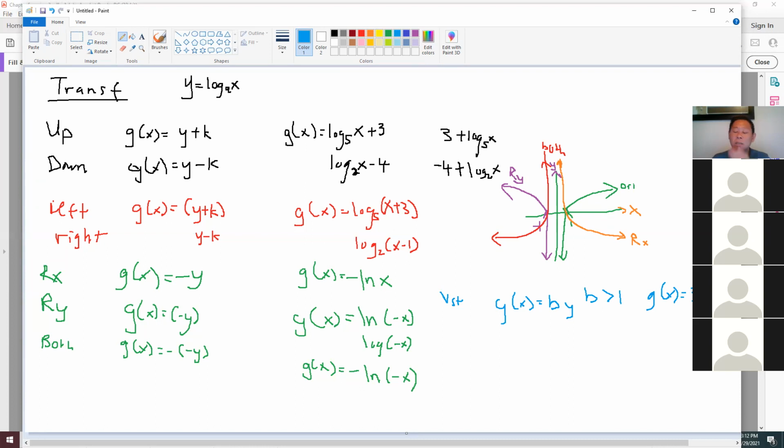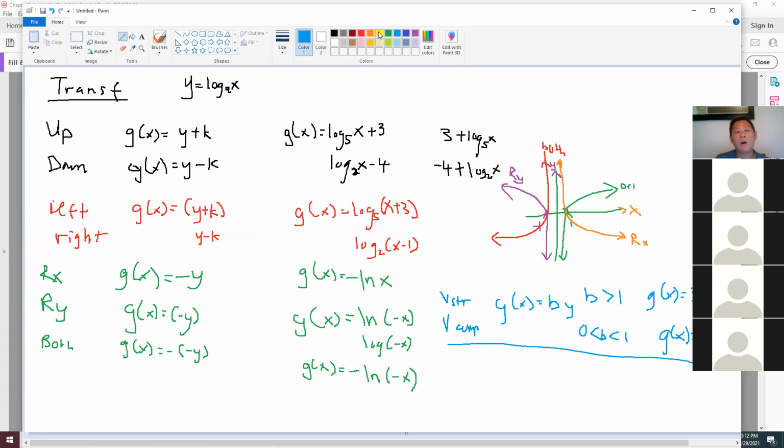So if you multiply this with a 3, it's a vertical stretch. And then we got the vertical compress or vertical shrink. It's going to be where your b is in between 0 and 1. So that means like 1/2 or 1/3, something like that. So this will be your vertical stretch and vertical compress.